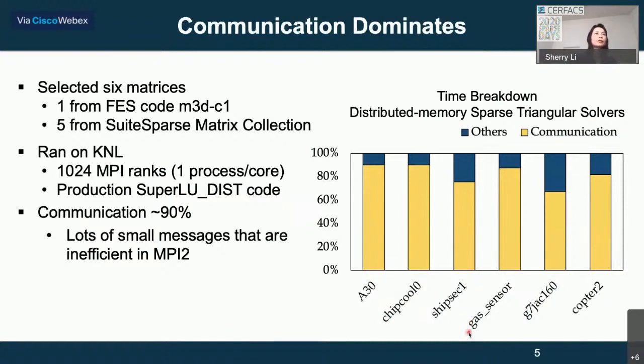And here we have 1024 MPI ranks. And that's the production code. In the earlier version, you will see this. You can see that almost 90% of the time is in communication. And the volume of communication is small. It's a lot of small messages and just point to point.